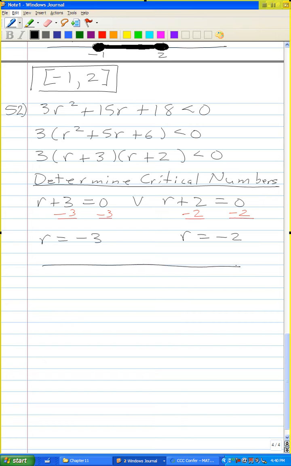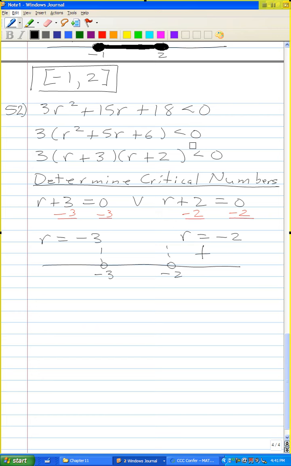Place those on your number line. -3, -2. Let's pick a number greater than -2, let's say 0. 3 is obviously positive. r plus 3 at 0 is positive. r plus 2 at 0 is positive. So positive times positive times positive is positive.